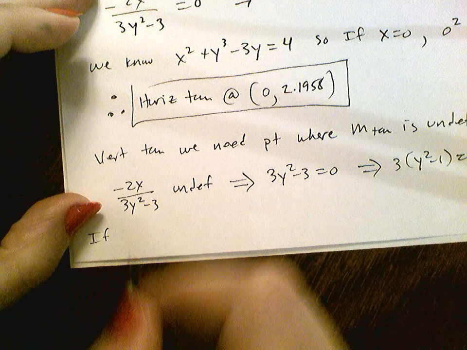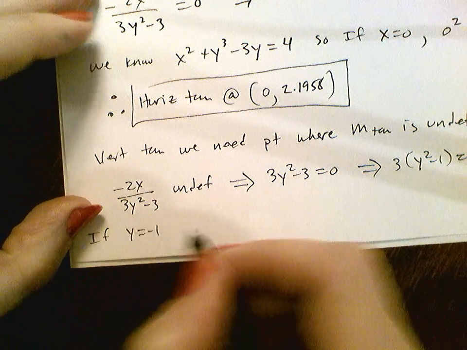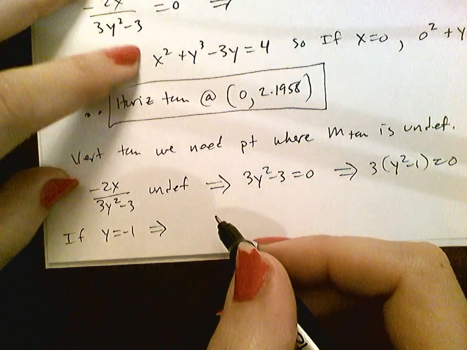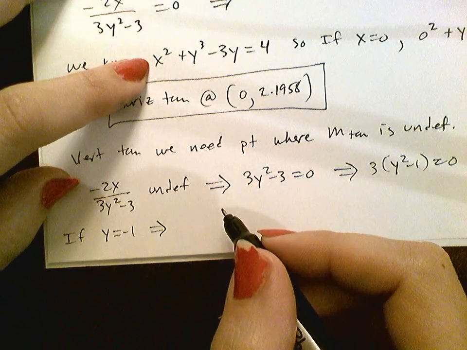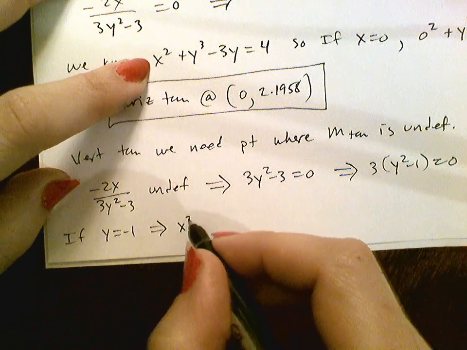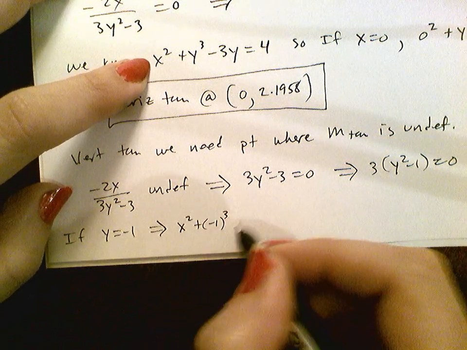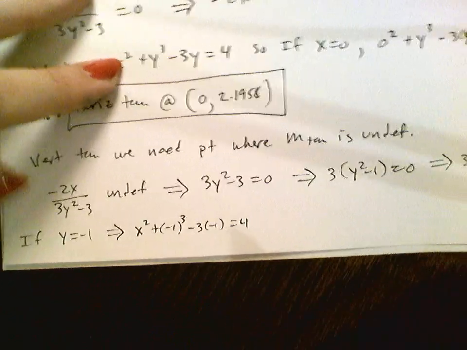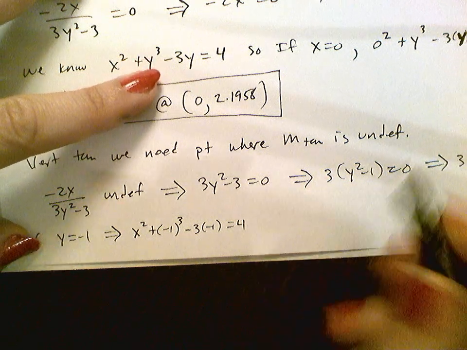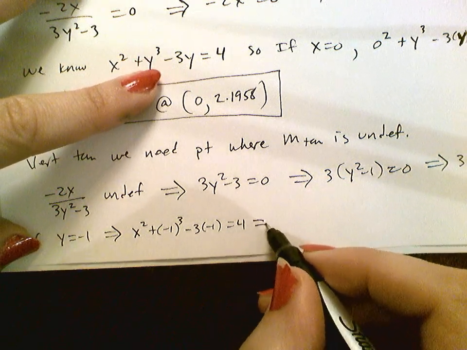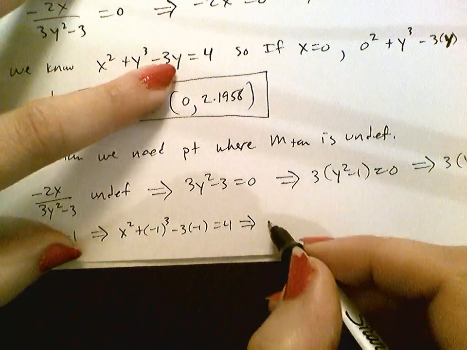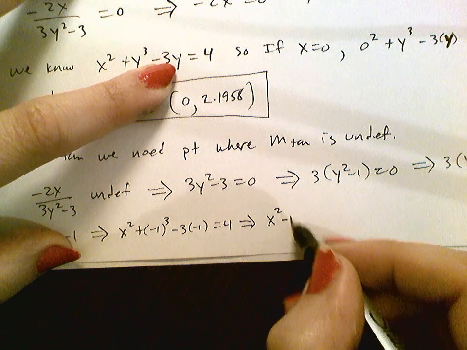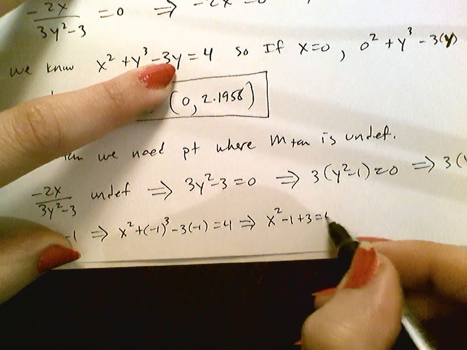I'll say if y equals negative 1, then I'm going to plug in negative 1 into the original equation. So we've got x squared plus negative 1 to the third minus 3 times negative 1 equals 4. Oh boy, am I going to get 2? That's crazy. Okay, so we'll get x squared minus 1 plus 3 equals 4.